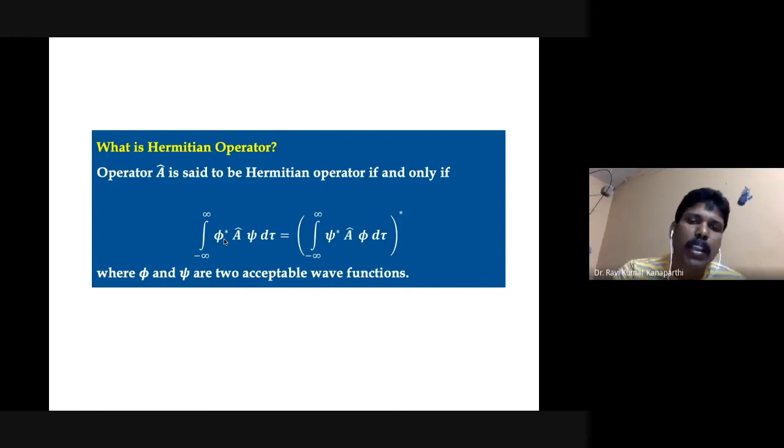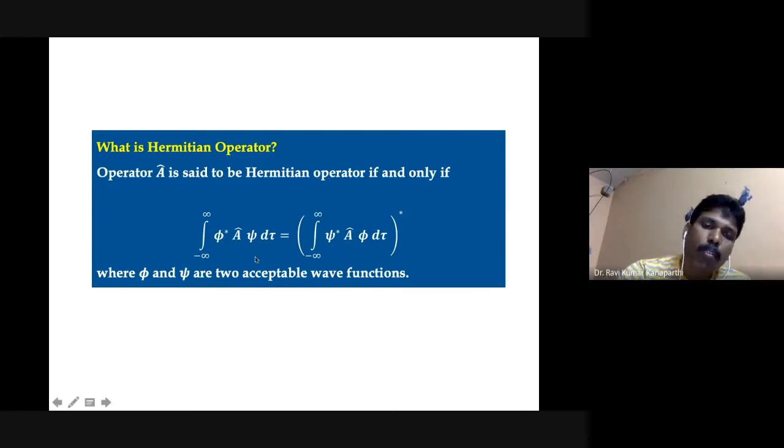You just apply this to the two functions f1 and f2 that we have seen in the previous two slides. f1 is x square, and f2 is e to the power minus 2x. Those are the two examples that I have given. You apply these conditions, and you get a function.